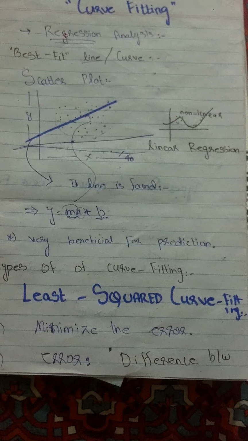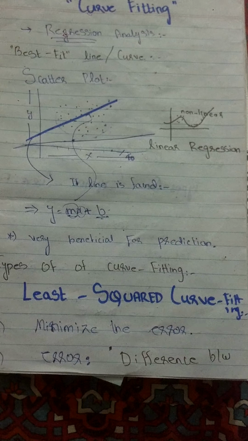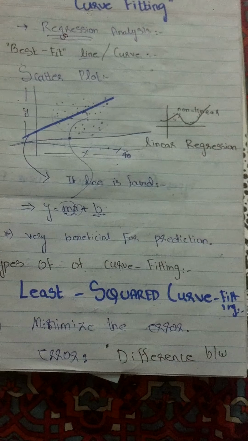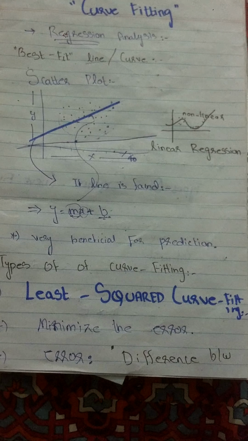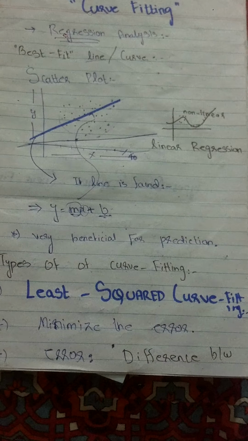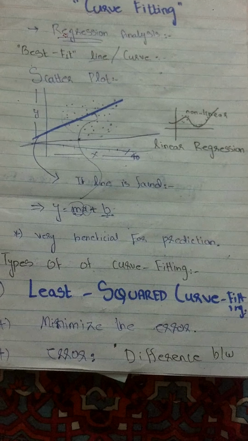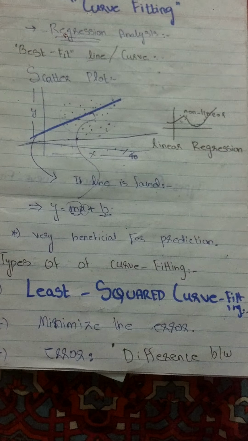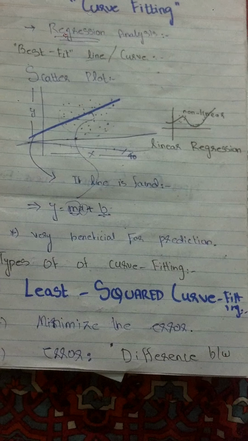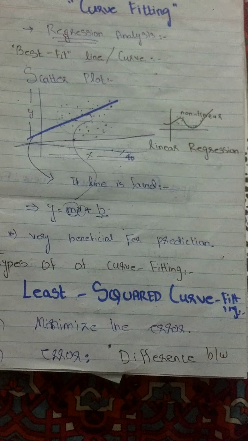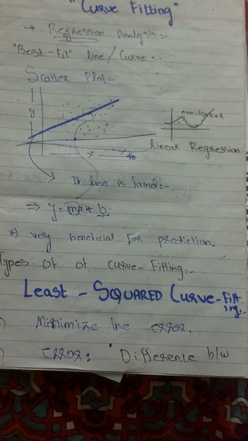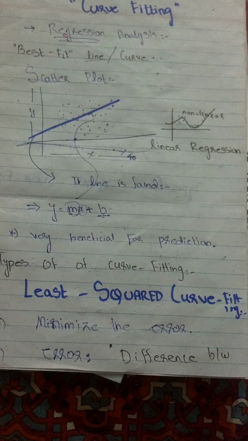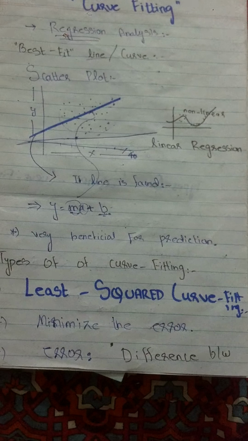So what is the benefit of finding the best fit line or curve? From the next part onwards, I'll be just discussing linear regression to explain the model. We can implement it on other models too, but for simplicity, if I'm saying regression, just assume I'm talking about linear regression.